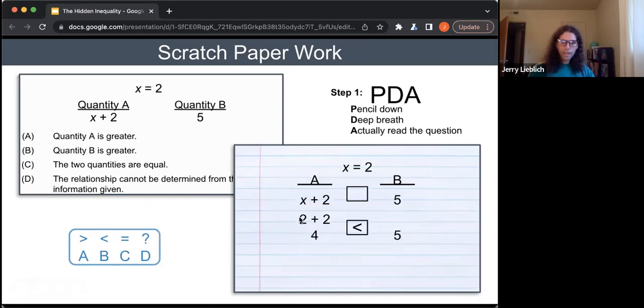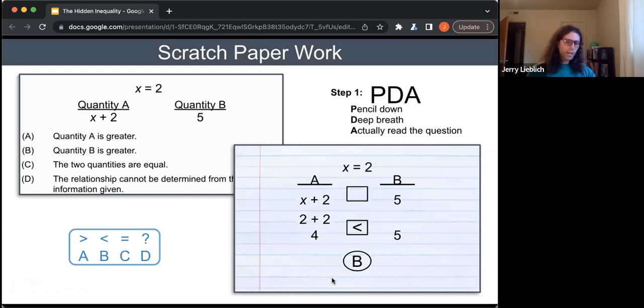Then we can work out the math, keeping good records and staying neat. And if we see, okay, this side is bigger, that means the answer is B. I want to emphasize, keeping clear and steady records of your work as you go is a really important technique, to make sure you don't make the kinds of careless errors that on this test can count just as much as not knowing how to do something.